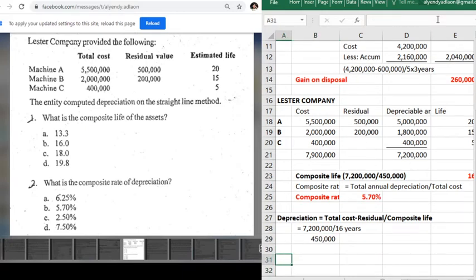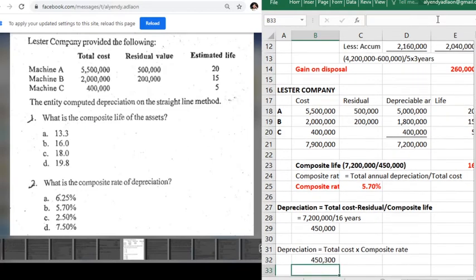Now, how about if you're going to use the composite rate? So that would be the depreciation equals, sorry, not the depreciable amount, but the total cost multiplied by the composite rate. Okay, so we have total cost of 7,900,000 multiplied by the composite rate of 5.70%.